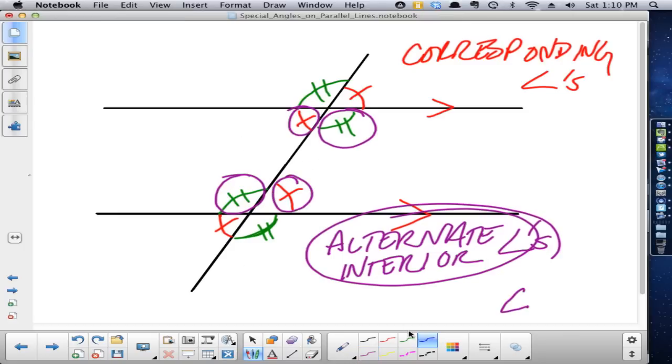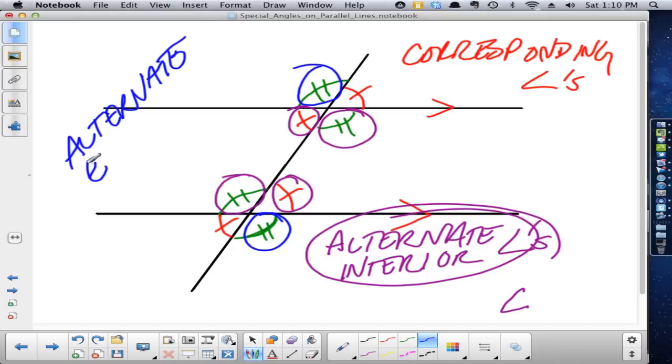And what about these two? What would we call those two that I circled in blue? Alternate exterior angles. So a pair of alternate exterior angles might be congruent. Does it work universally? How about that one and that one? That's another pair of alternate exterior angles. So when I have parallel lines cut by a transversal, I'm going to end up understanding that the two pairs of alternate exterior angles are congruent.